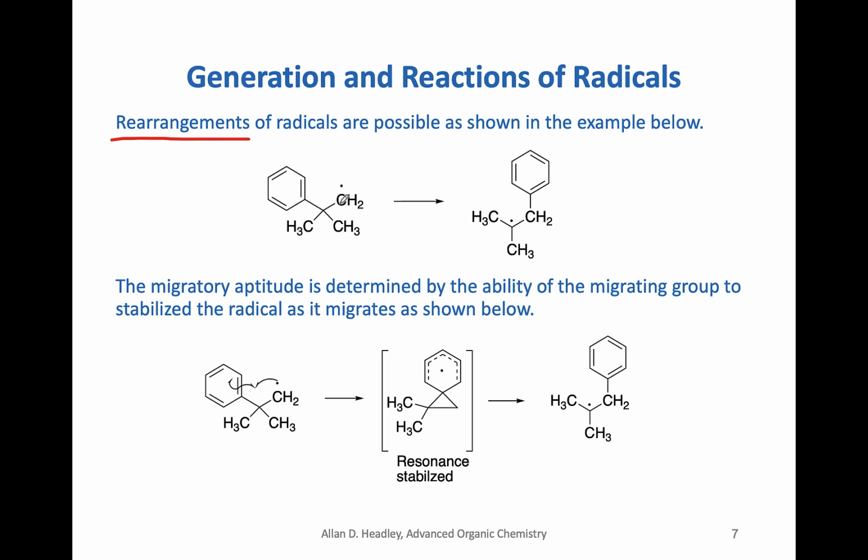This is a primary radical here, and here is a phenyl ring that's bonded to the adjacent carbon. Over time, it can migrate over to this carbon, putting the radical here. So that's observed.